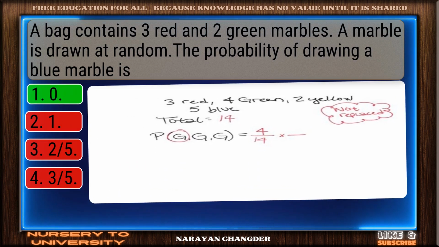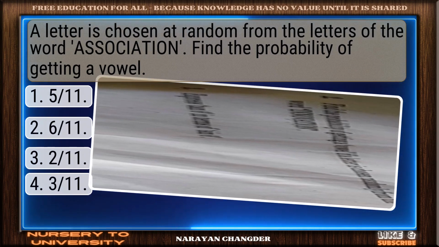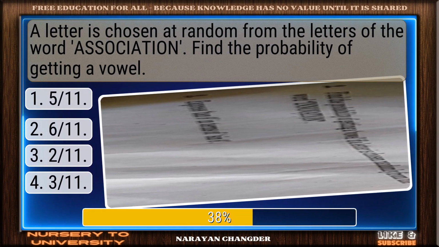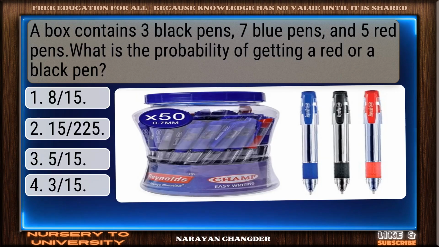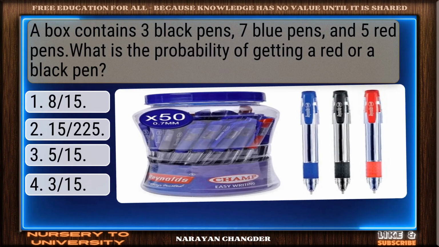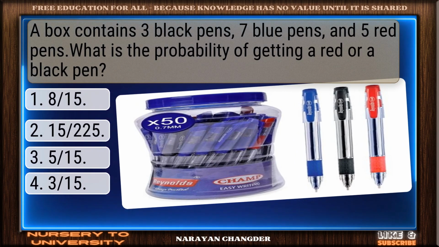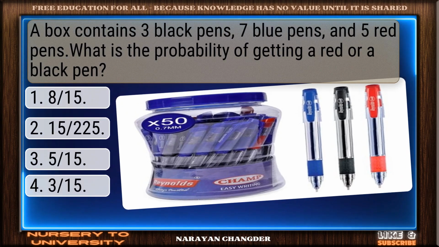Zero is the accurate answer. A letter is chosen at random from the letters of the word association. Find the probability of getting a vowel. Valid point. 6/11 is true. A box contains 3 black pens, 7 blue pens, and 5 red pens. What is the probability of getting a red or a black pen?